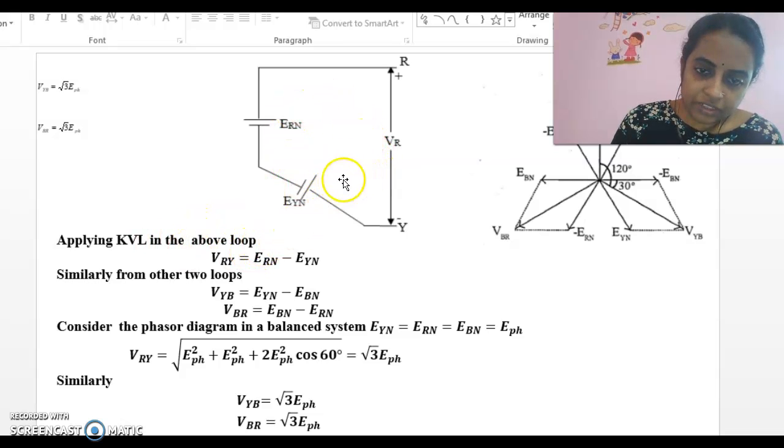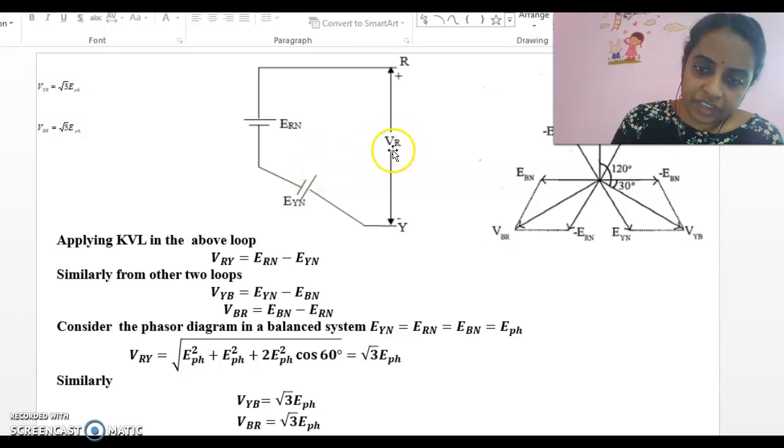I am applying KVL in this loop. Here I am assuming a current in clockwise direction. So plus ERN, minus VRY, minus EYN.